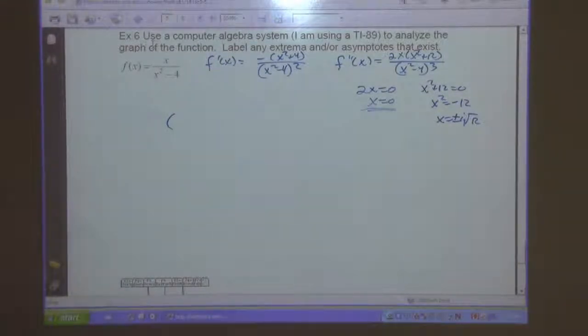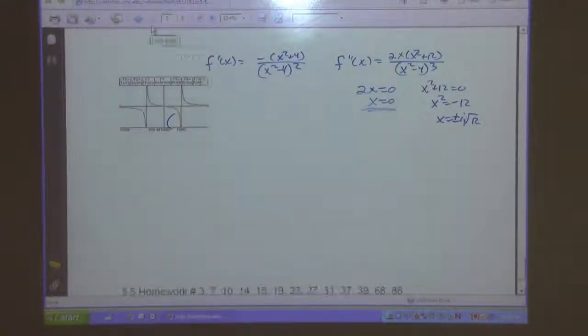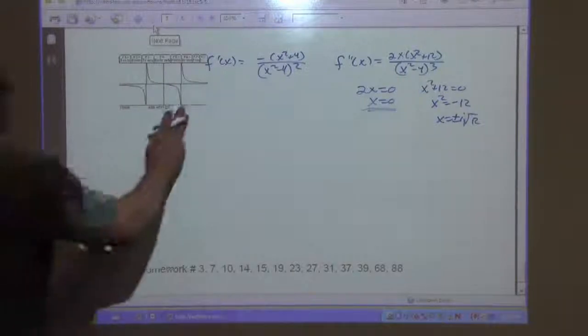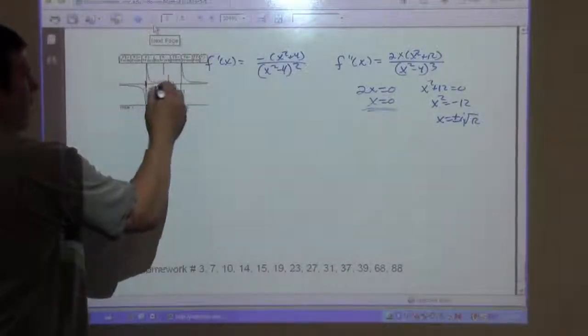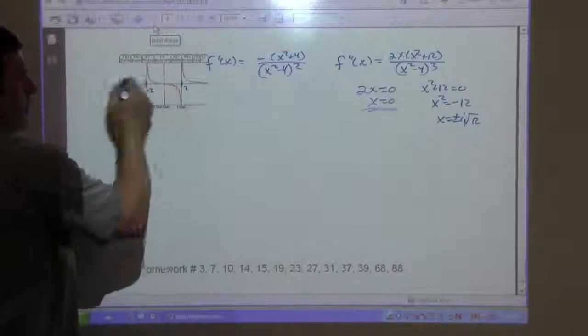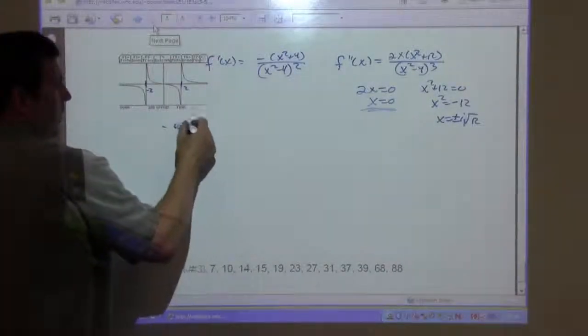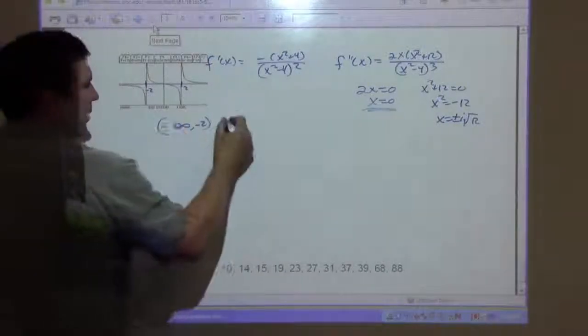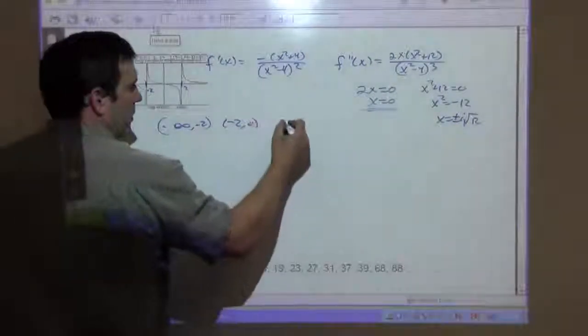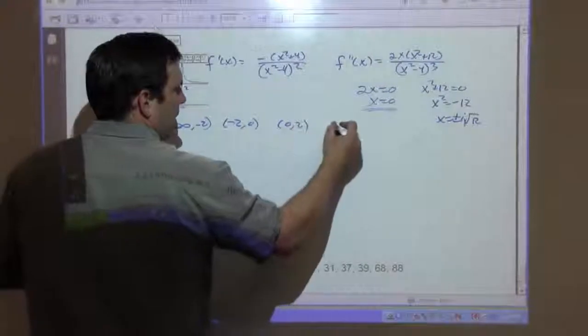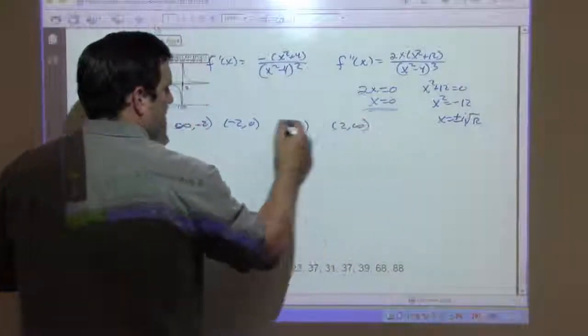Let me bring this graph up a little bit. So we have negative 2, this is at 2, here's 0. So our intervals are going to be negative infinity to negative 2, negative 2 to 0, 0 to 2, and then 2 to infinity.